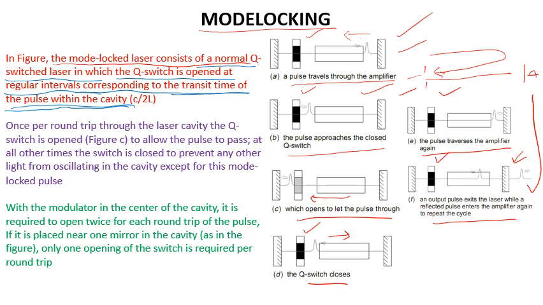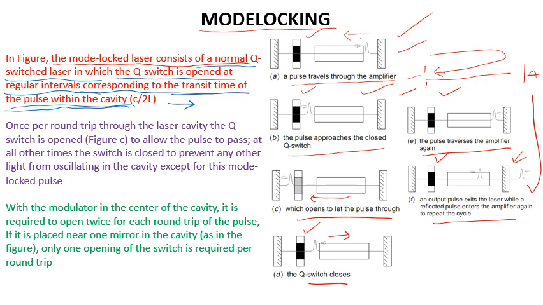The transit time of the pulse within the cavity. Okay, so this time is c over 2L, where c is the speed of light and L is the length of the cavity. So this time depends on this: c divided by 2L.